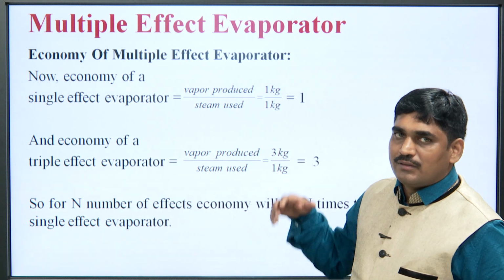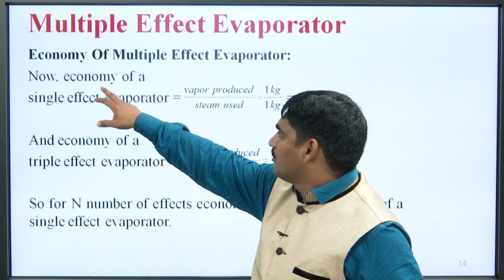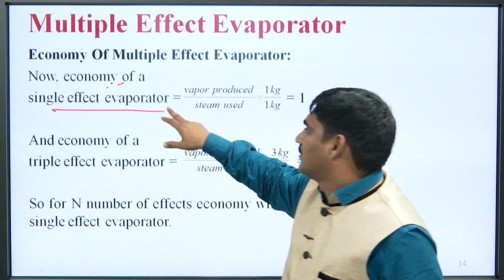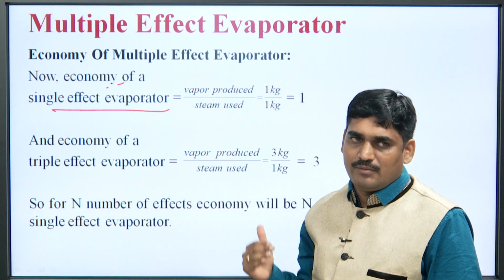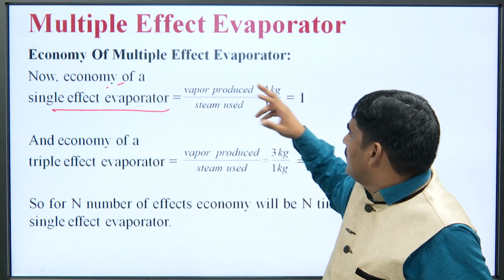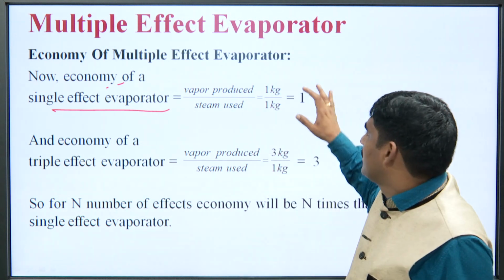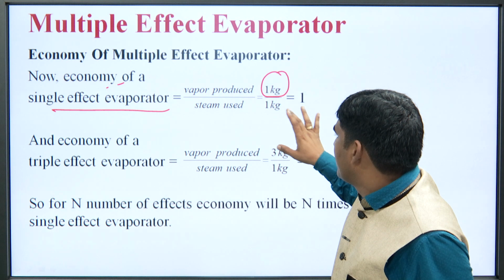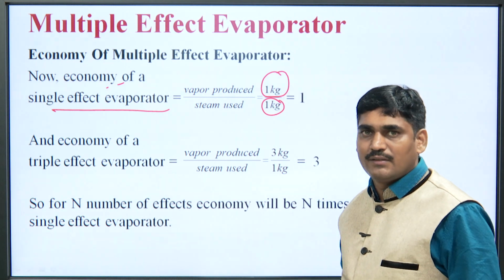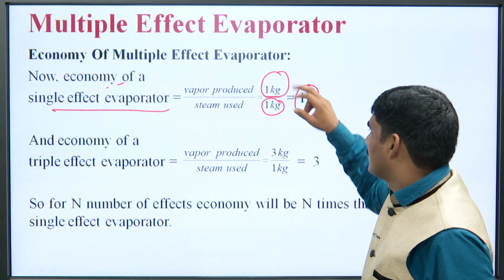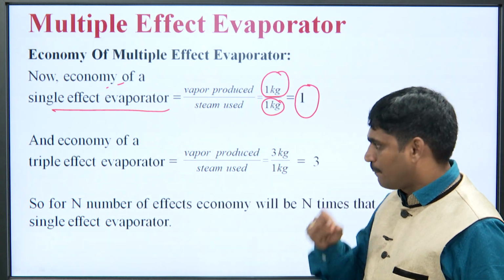Now, the economy of a single effect evaporator: it is the vapor produced per unit of steam used. In a single effect evaporator, 1 kg of steam is used to produce 1 kg of vapor, so the economy is 1.